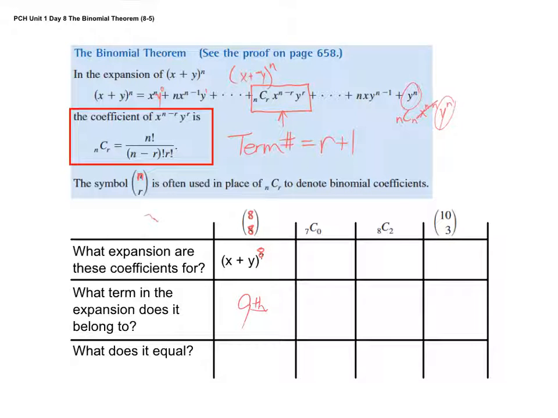Now, what does it equal? You can use the formula for the combination. But if we're raising it to the 8th power and it's the 9th term, it's going to be our last term, right? You were already talking about Pascal's triangle. You remember what the first and last number always were? 1.